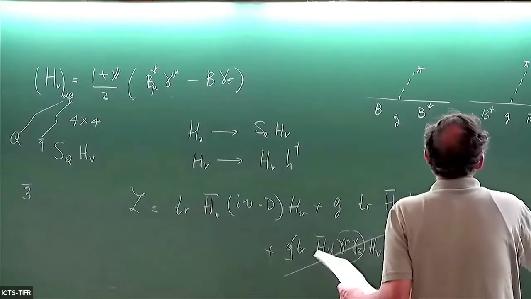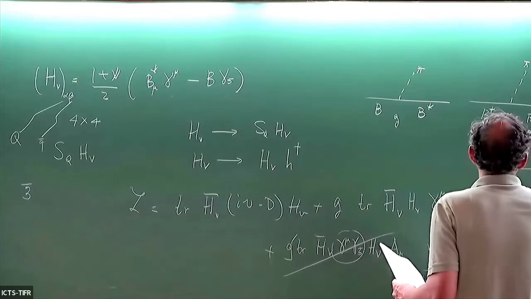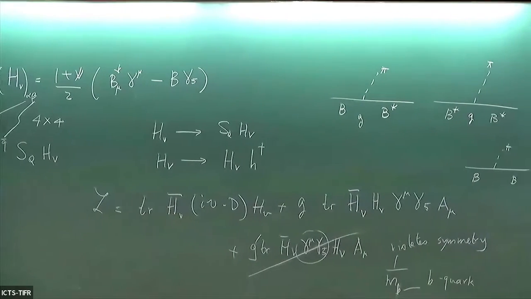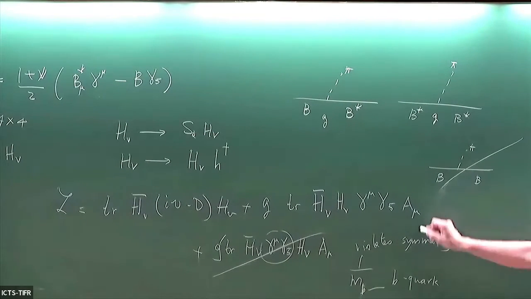Okay, why is there no BB pi coupling? It's absent, and if you do the trace, you won't find it. No, let's worry about phase space later.